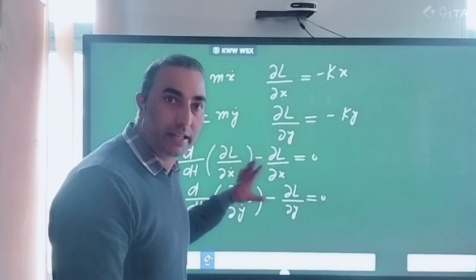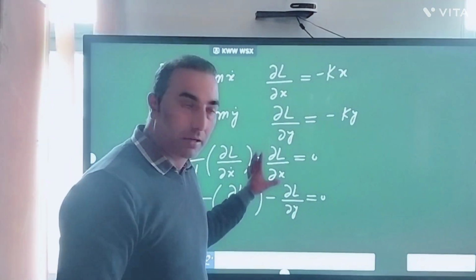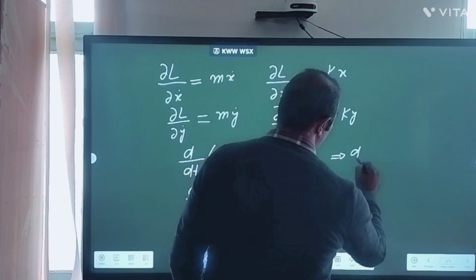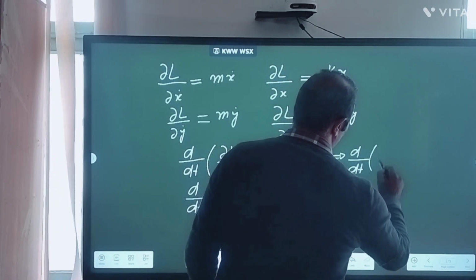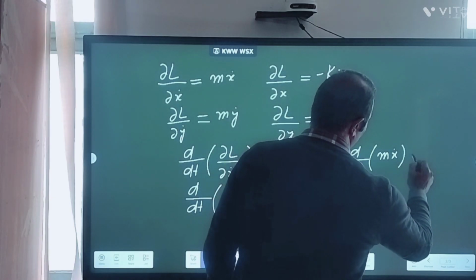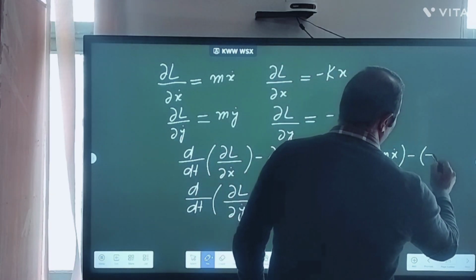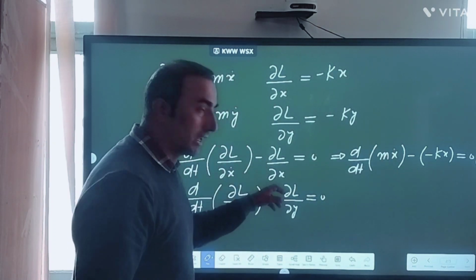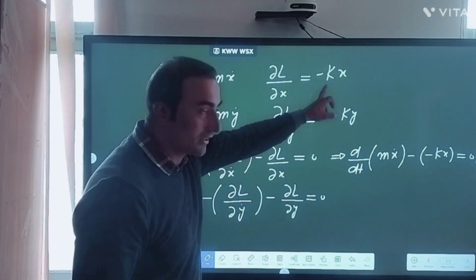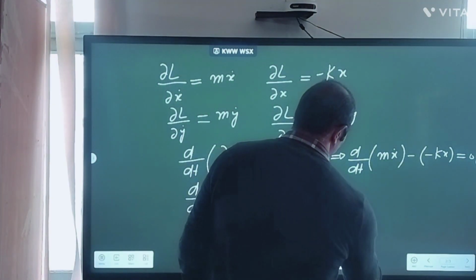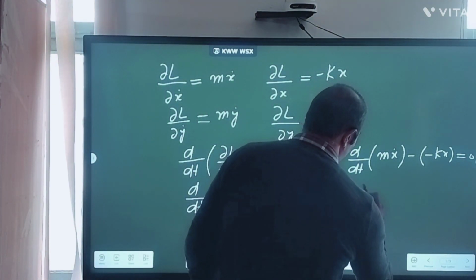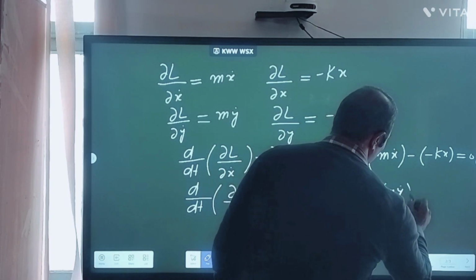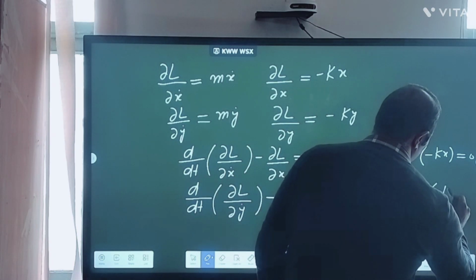So that means I already calculated here what is my partial L by partial x dot. So that's m x dot. So I can write here d by dt of m x dot minus, that's minus kx, because this is partial L by partial x of this L. So that's minus kx. And similarly, my second equation will be d by dt of m y dot minus ky.